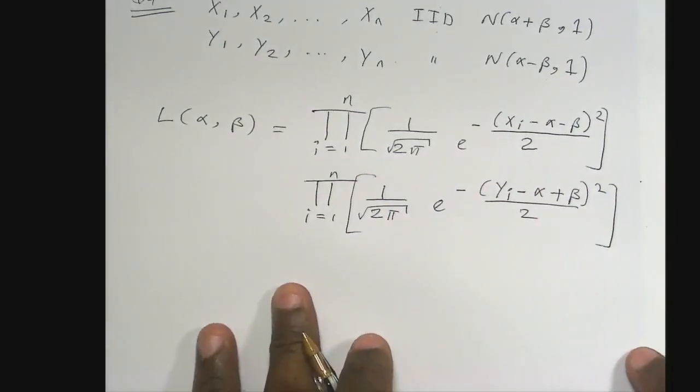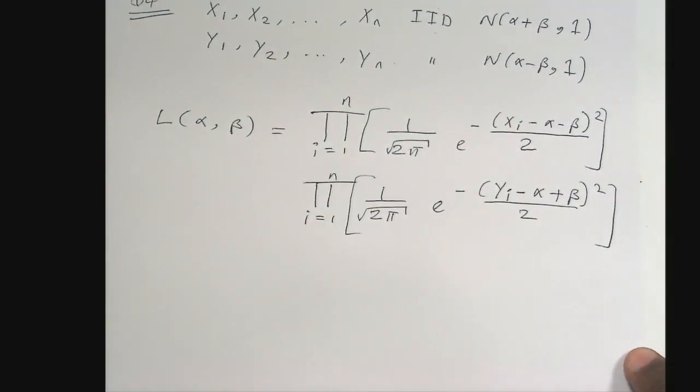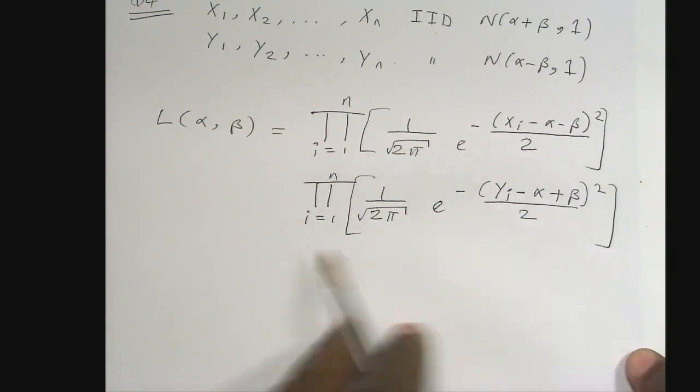See, another way to do the same question 4 is to write down the likelihood function, which is this times this.